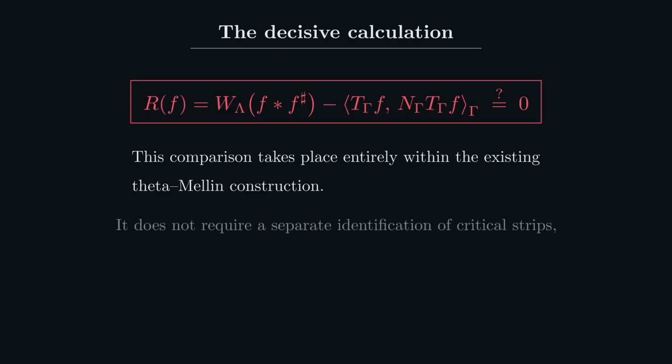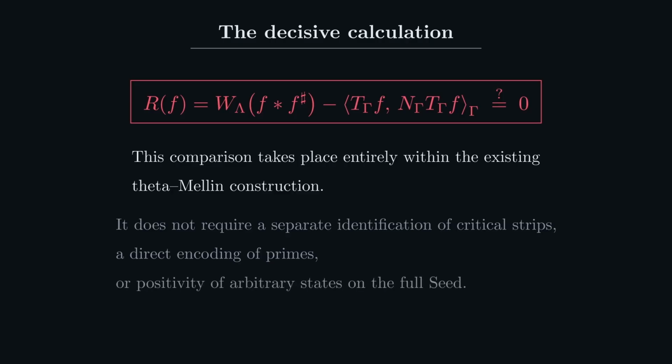Previously I was thinking you needed to somehow identify the critical strip of the seed with the critical strip of the usual complex plane that the Riemann hypothesis is usually presented in, and you don't.